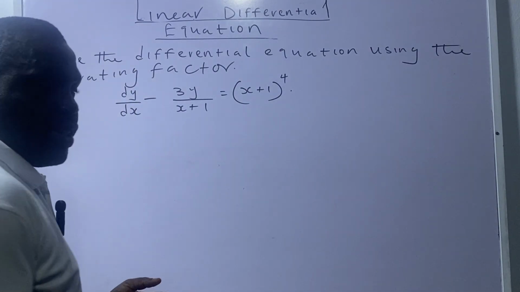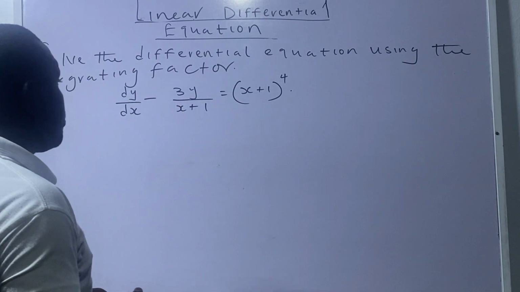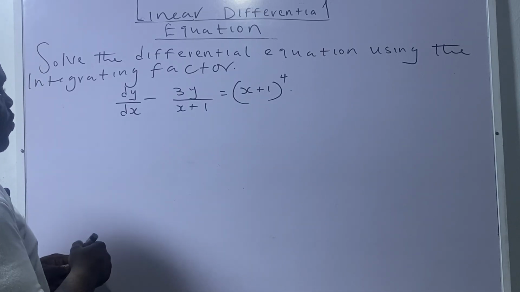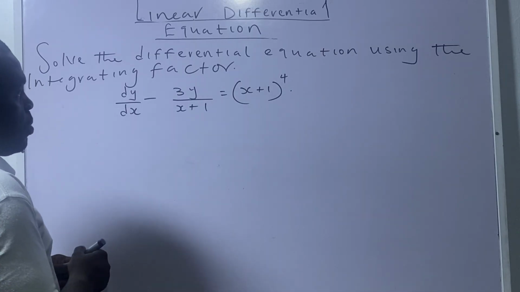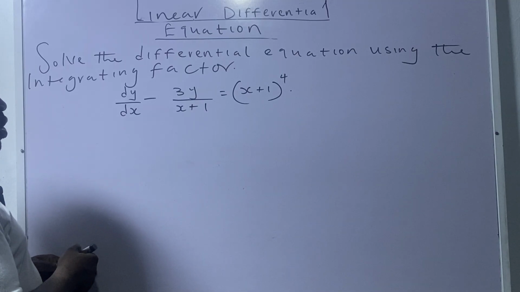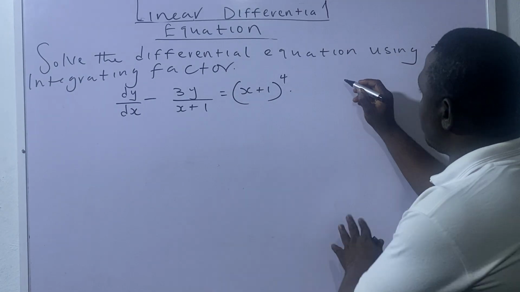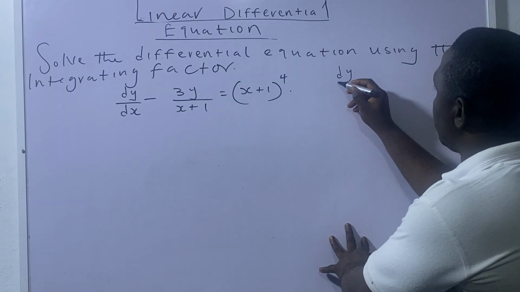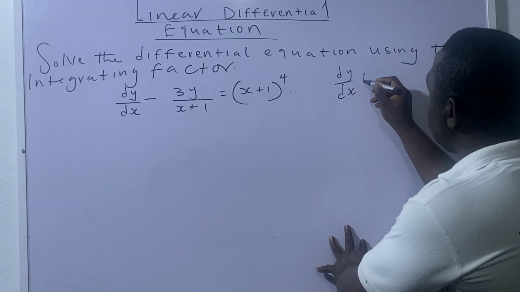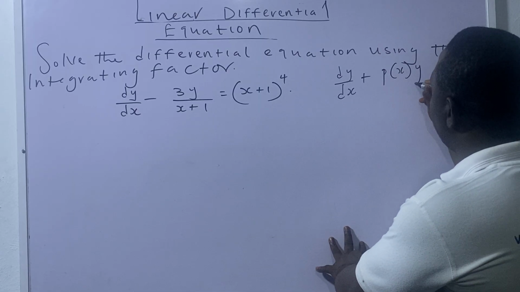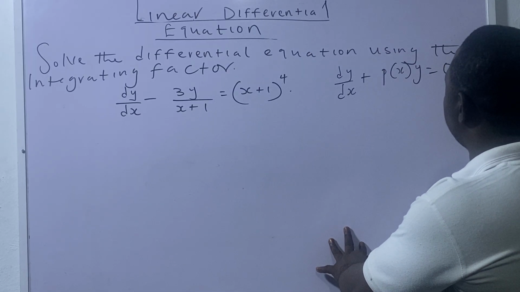Okay, so we're still on differential equation using integrating factor. We know that the first thing we need to do is to check if it conforms to our standard formula, y' + p(x)y = q(x).